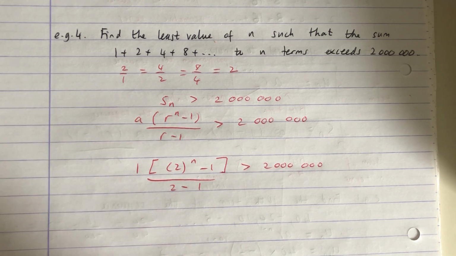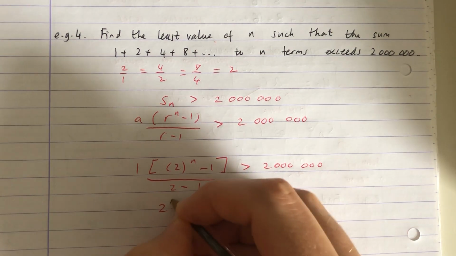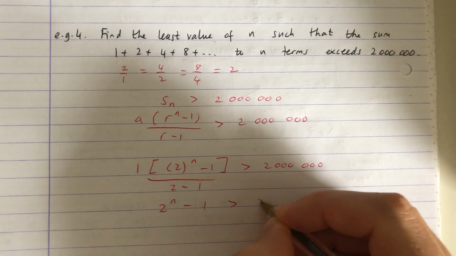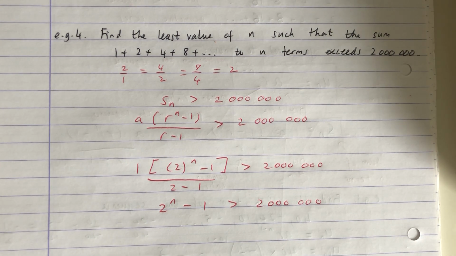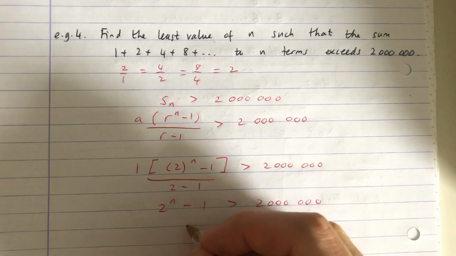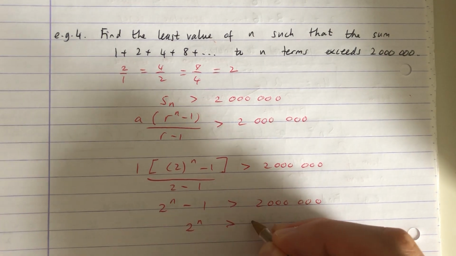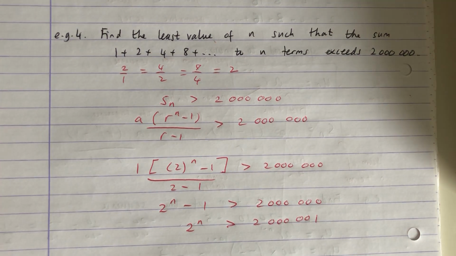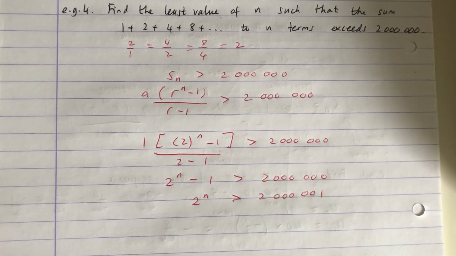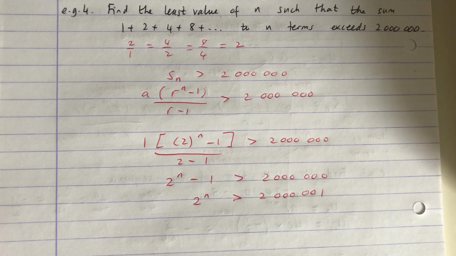That entire left-hand side, believe it or not, simplifies to 2 to the n subtract 1 is greater than 2 million. And then 2 to the n is greater than 2,000,001. And this is not a quadratic inequality, but an exponential inequality where you've got index form.